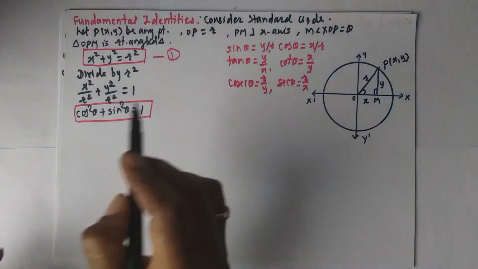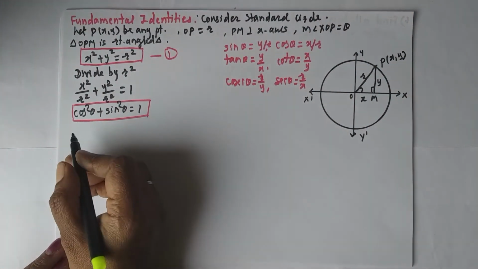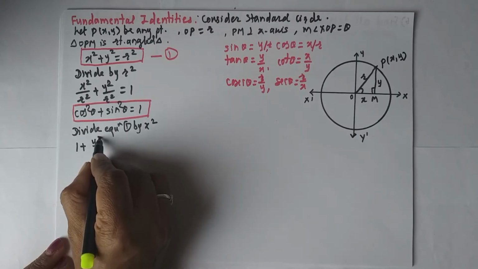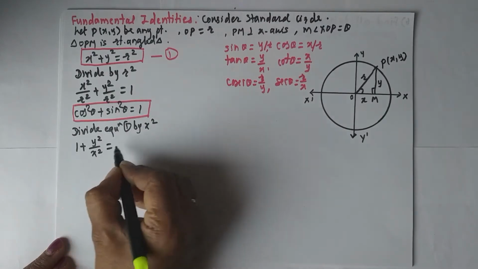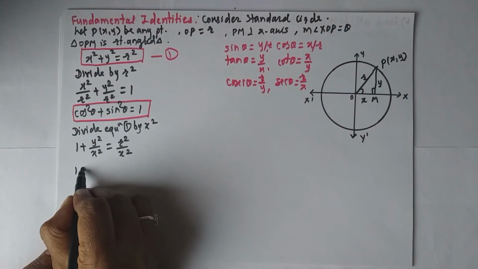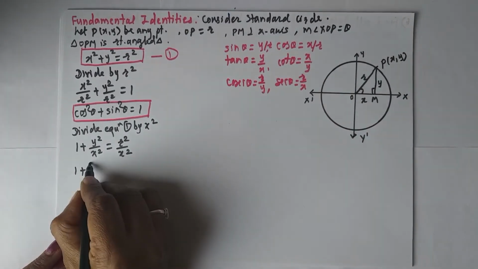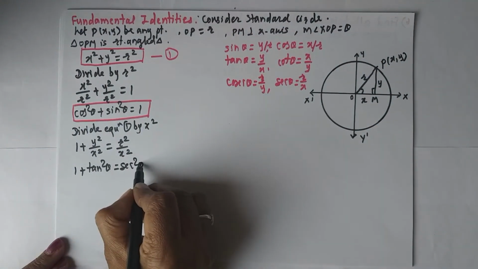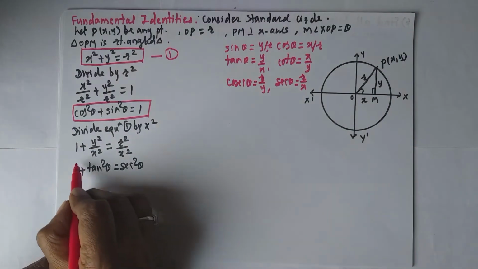Now, if I divide equation 1 by x square, what will we get here? x square divided by x square is 1, plus y square divided by x square is equal to r square divided by x square. Now, what is the value of y by x? That is tan. And r by x is what? That is sec. In this way, we get the second identity.